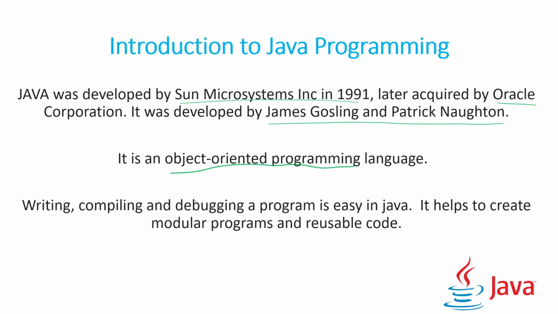So writing, compiling and debugging a program is easy in Java. It helps to create modular programs and reusable code. So we can reuse this code, and also we can create our program as modules, right? Not the entire program as one code. So reusable means if you create one program in the Mac operating system, you can use this inside Windows without any issue.